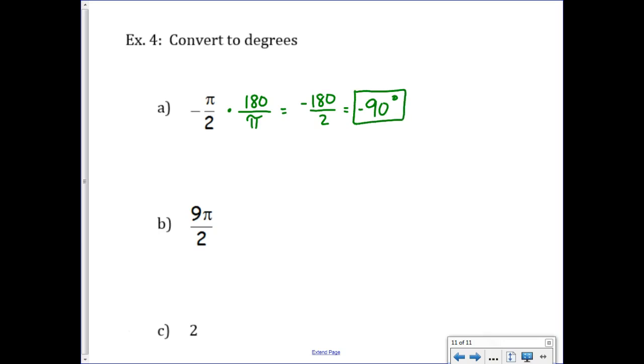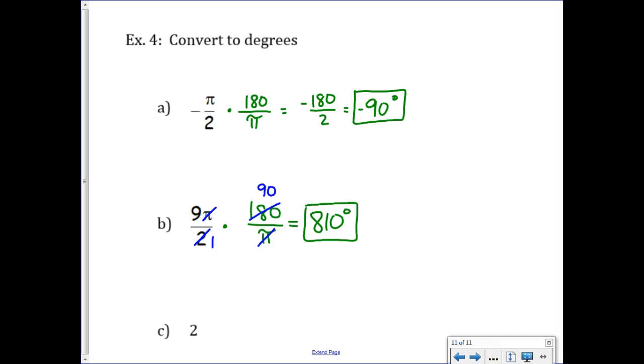Then we have 9 pi over 2, multiply by 180 over pi again. Again, these pi's cancel. So then the 180 and the 2, I can make that 90 over 1. So then my denominator there is just 1. And then I get 9 times 90, which is 810 degrees.